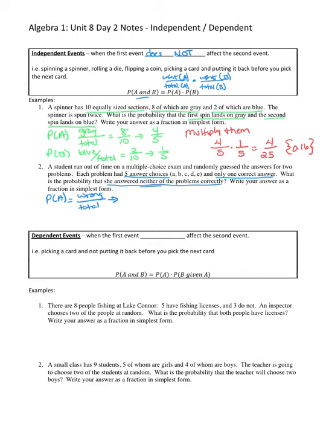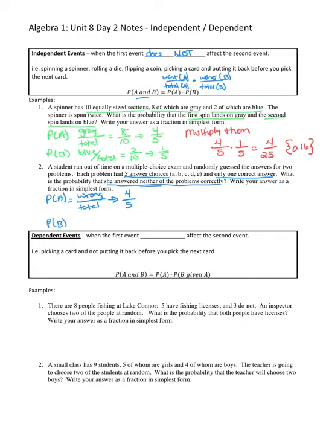If only 1 is right, that means 4 are wrong out of 5 possible choices. Let that sink in for a minute. If we say only one choice out of 5 is correct, that means 4 is wrong, and we were looking for the probability she answers neither, okay?